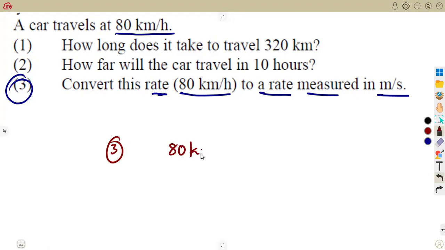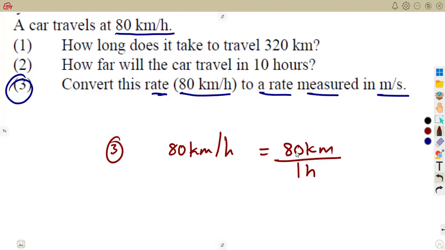Like I was saying, guys, per means for every 1 hour. So it is just like this, 80 kilometers over 1 hour. Each and every 1 hour, we are going to cover 80 kilometers.